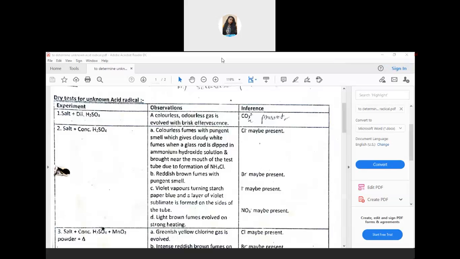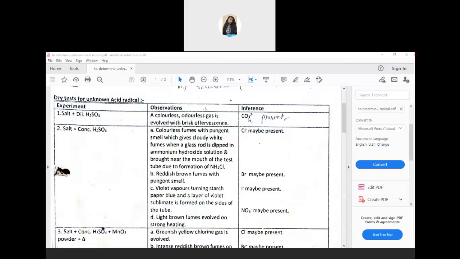Okay, I am back. So the first test is salt plus dilute H2SO4. As soon as you add the dilute H2SO4 in the test tube, you can see a colorless, odorless gas evolved with brisk effervescence.